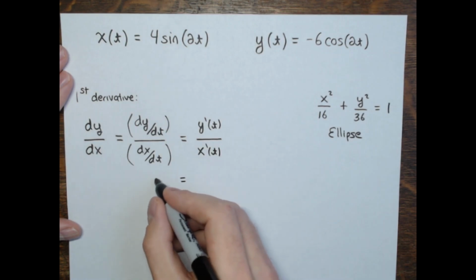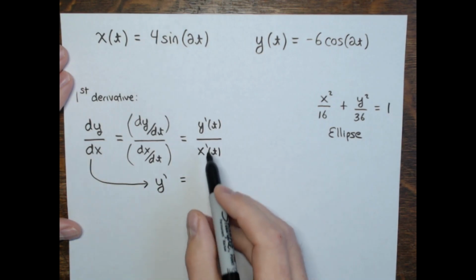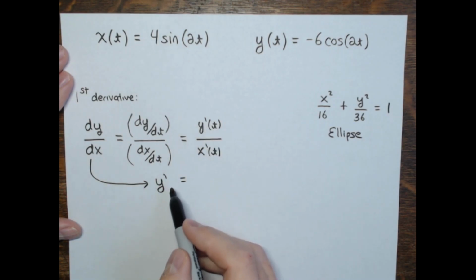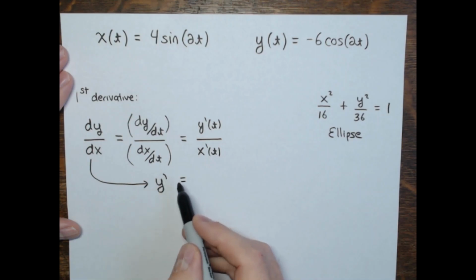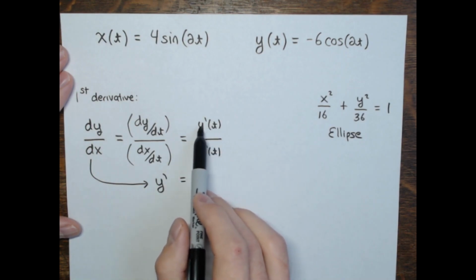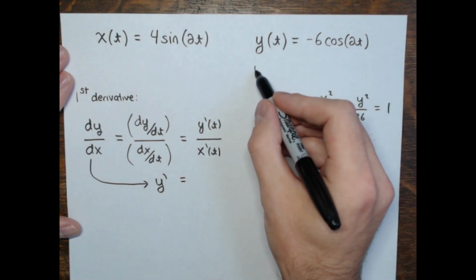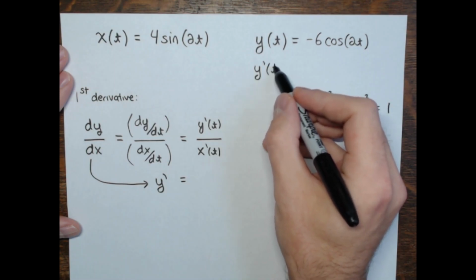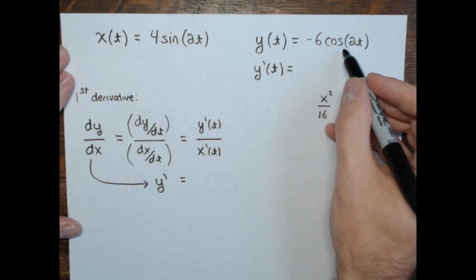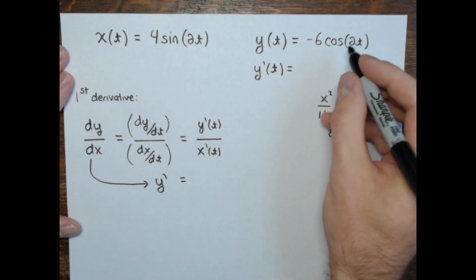So y prime, dy dx, the derivative of y with respect to x, the slope of the tangent line anywhere, is y prime at t. Now y of t is this, so y prime with respect to t would be the derivative of negative 6 cosine 2t.